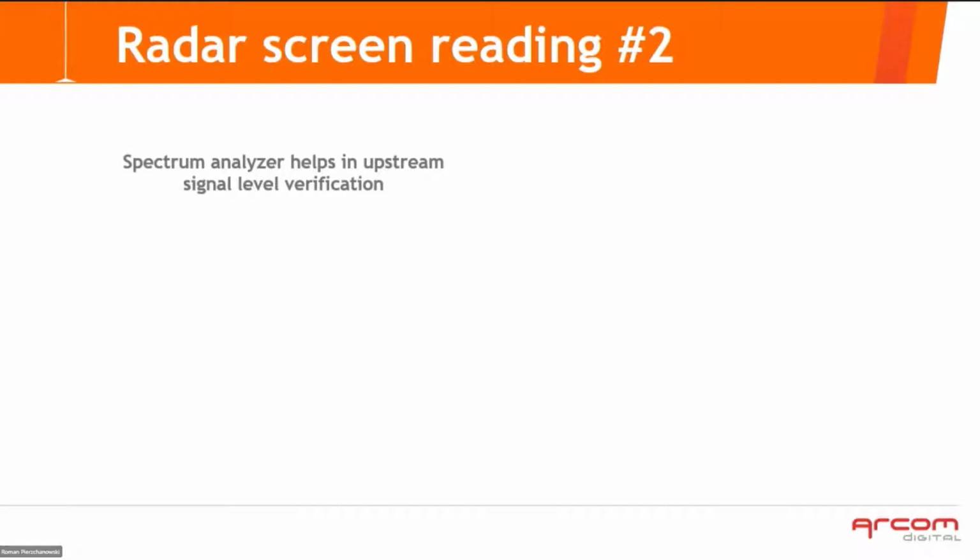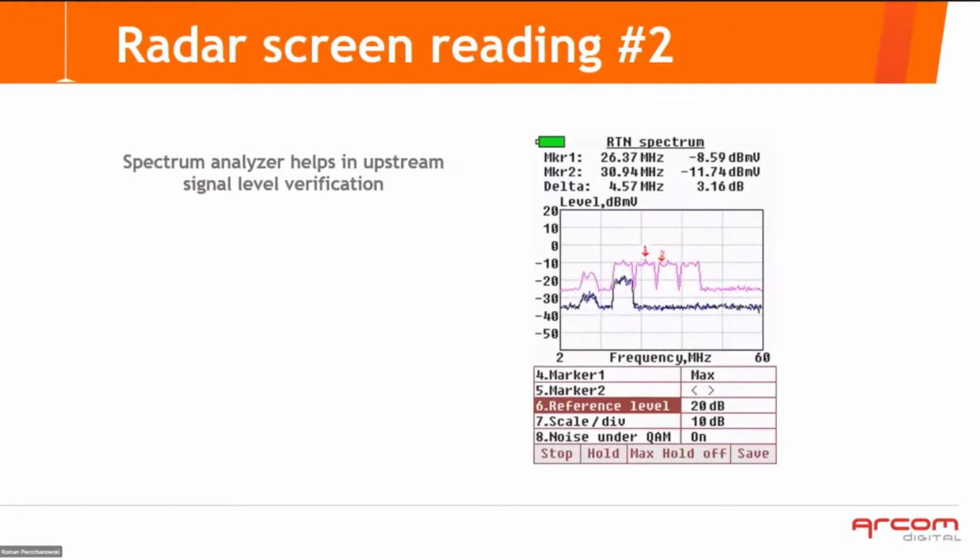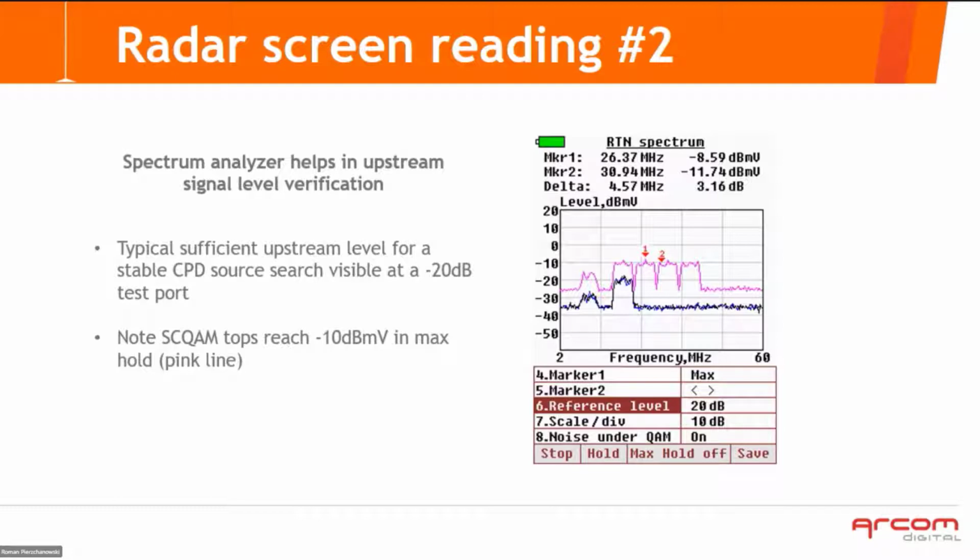Meters and feet, depending on who likes what, you can change this setting in the general settings of the meter. There is a return spectrum analyzer on the Quiver that helps in finding out what the upstream level is at the test port where you are connected, and if there is any upstream visible. Test ports can be broken, and if we don't see any signal at the input of the radar, it will just show a flat line without peaks on the noise floor.